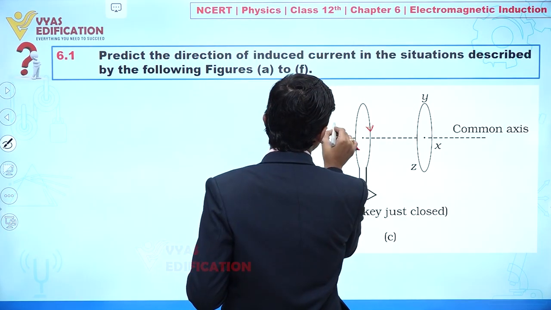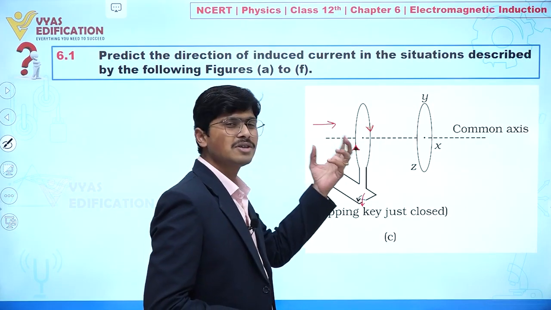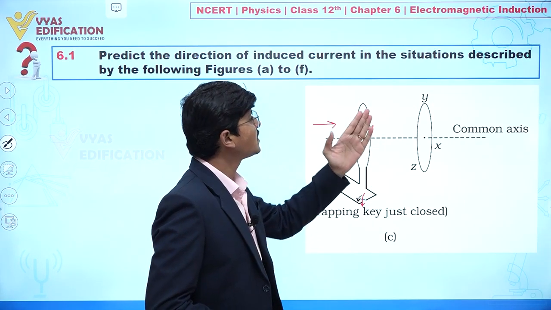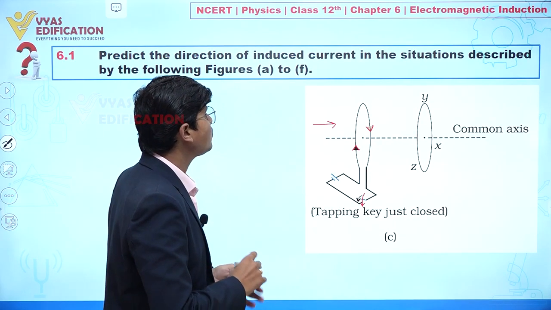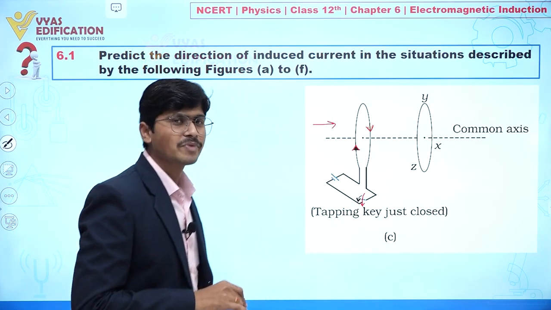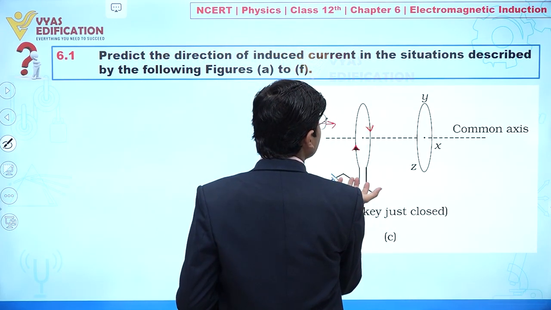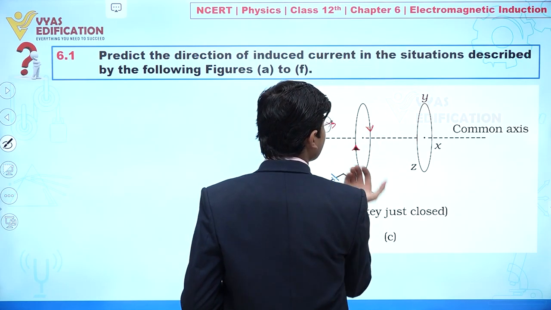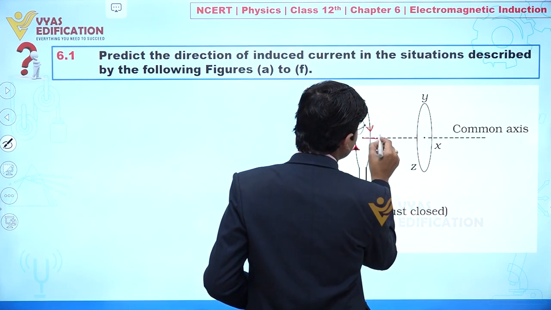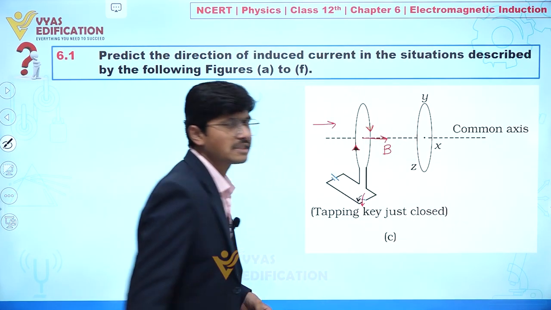Now if you take this as the front section and this one as the bottom one, and I am looking from this side, you can take this one as the behind one and this one as the front one, clear? So from this side the current is in clockwise direction. If I curl my finger like this, listen carefully, the magnetic field is in this direction, clear?